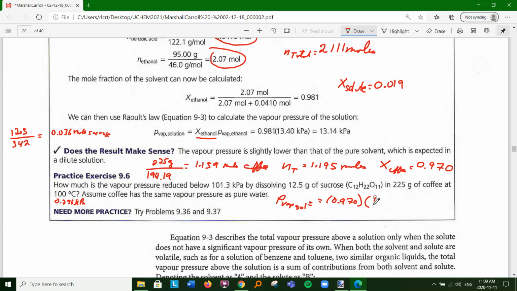They actually tell you that in the question, don't they? So 0.97 times 101.3 is 98.2 kilopascals.